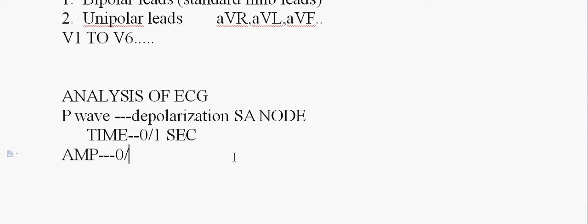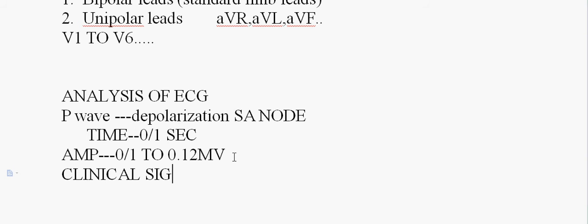So we should know the normal time for this P wave is around 0.1 second, and the normal amplitude for this wave is 0.1 to 0.12 millivolt.